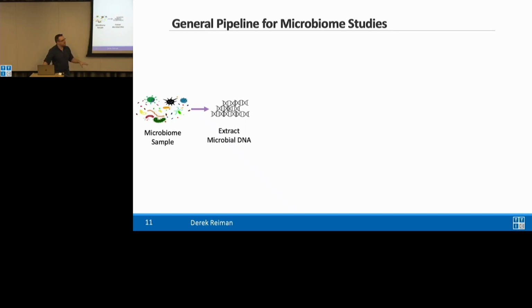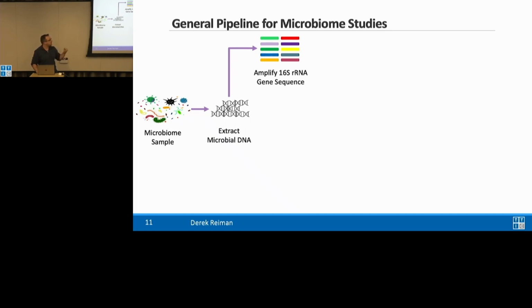So we weed out the human DNA, we keep the microbial DNA, and in one route, which is called amplicon sequence variant sequencing, we isolate a specific gene of the microbiome genome, which is going to be the 16S rRNA gene sequence. Every microbe has it, so we can confidently grab them.